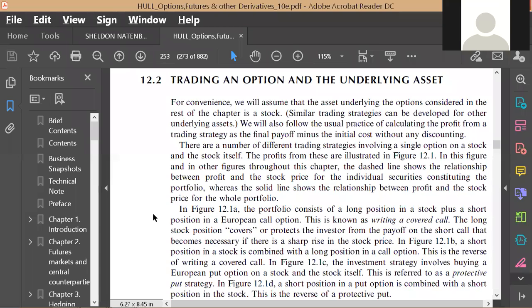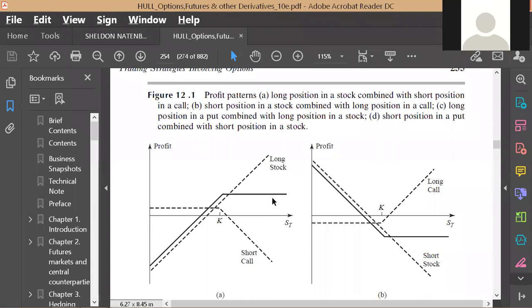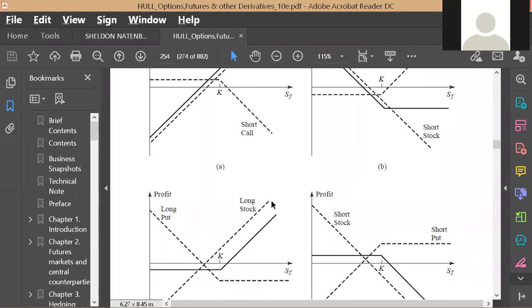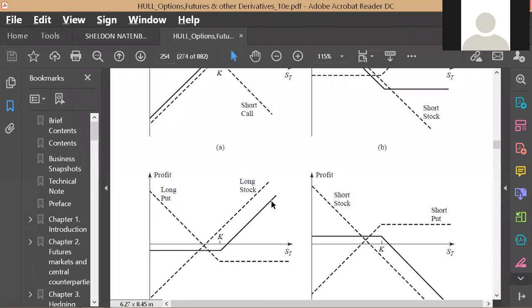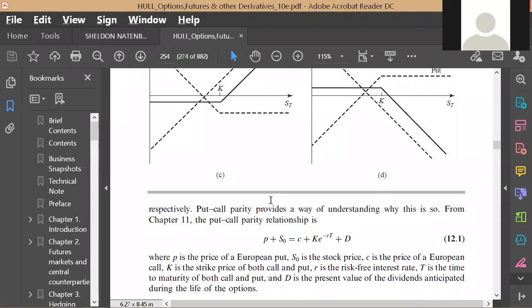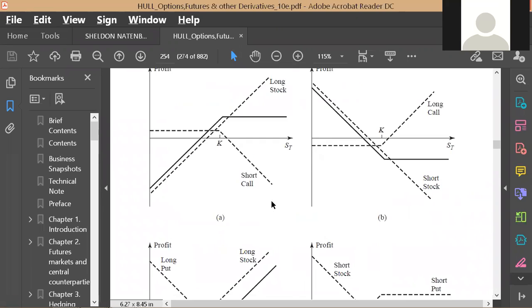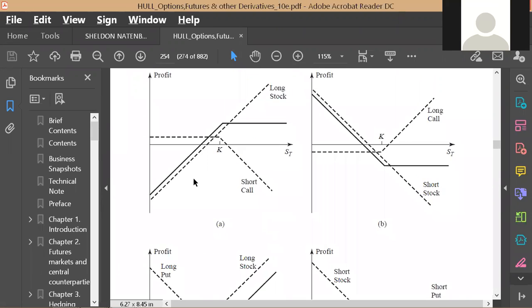I think that'll make it much easier if you look at the picture. These are the option positions, actually. But anyway, we can imagine the position, how it would look.